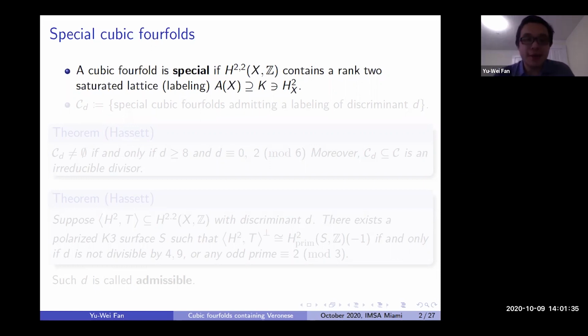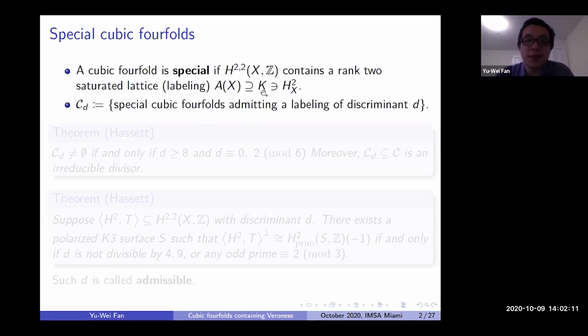We say a cubic fourfold, a cubic hypersurface in P5, is special if its algebraic lattice, the H^{2,2} of X in Z, contains a rank 2 saturated lattice K that contains the square of the hyperplane class. This rank 2 lattice K is called a labeling. The moduli space C_d is the moduli space of special cubic fourfolds admitting a labeling of discriminant d.